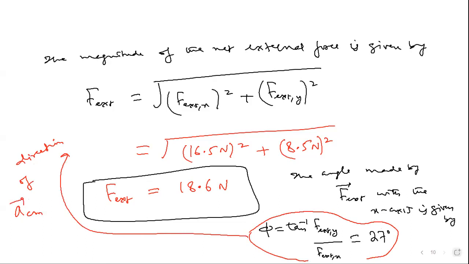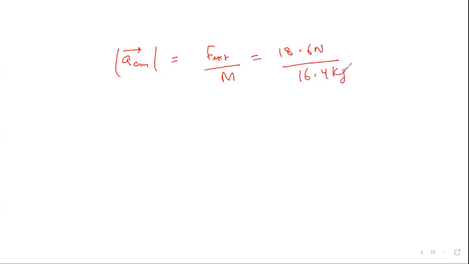Now the magnitude of the ACM vector is magnitude of the external force over the total mass, which is 18.6 Newton over 16.4 kgs, which is 1.1 meter per second square. So we have solved the question.